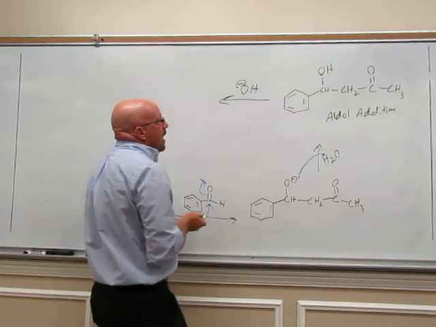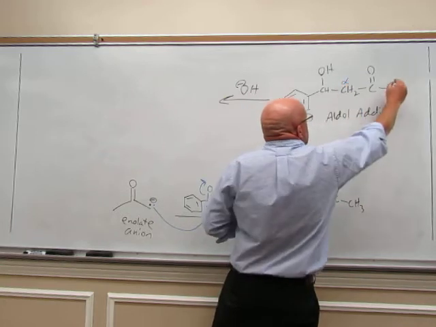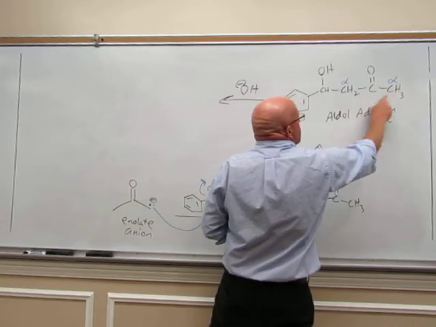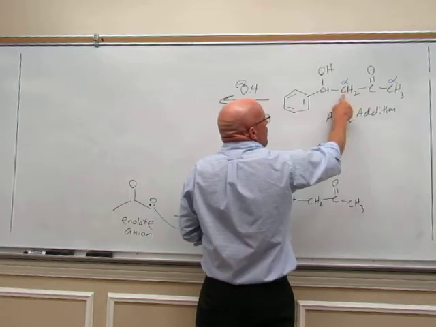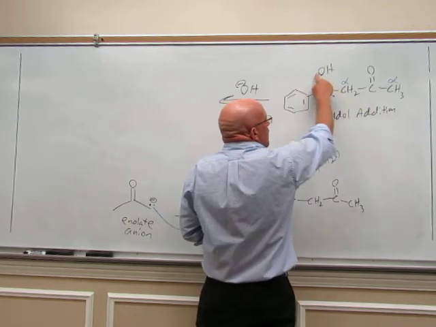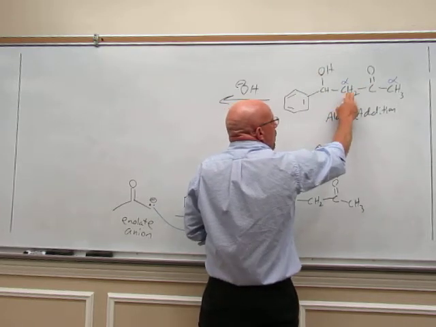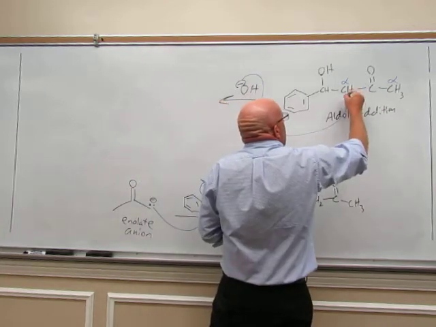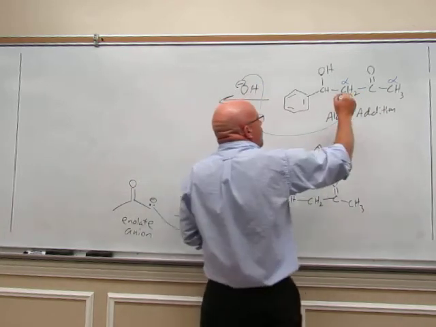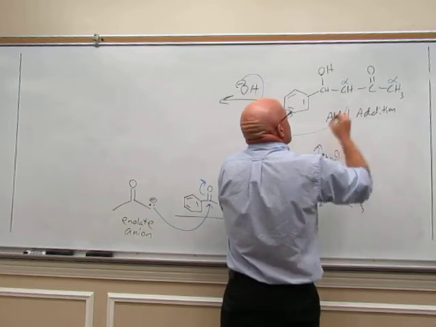That hydroxide is going to grab the alpha hydrogen. We've got 2 alpha positions, but the more acidic one is the alpha hydrogen that's in between the carbonyl and the OH. That additional oxygen pulling electrons inductively makes these more acidic than the methyl group. So we're going to grab an alpha hydrogen. Let me just draw the hydrogen out here so we can see it.